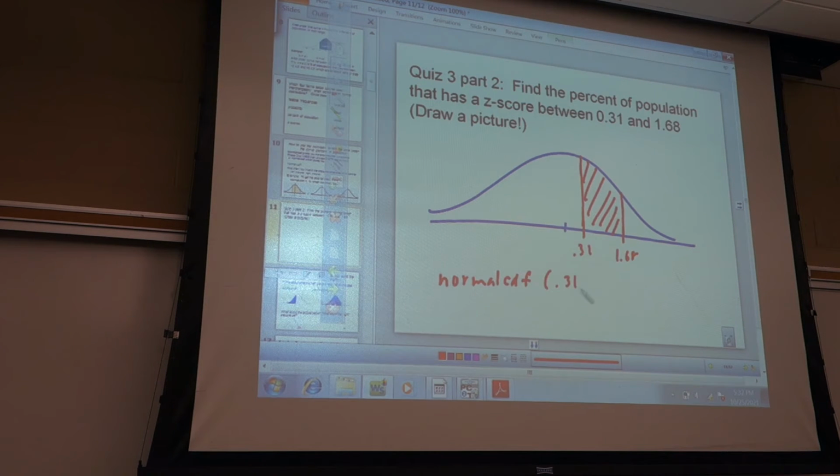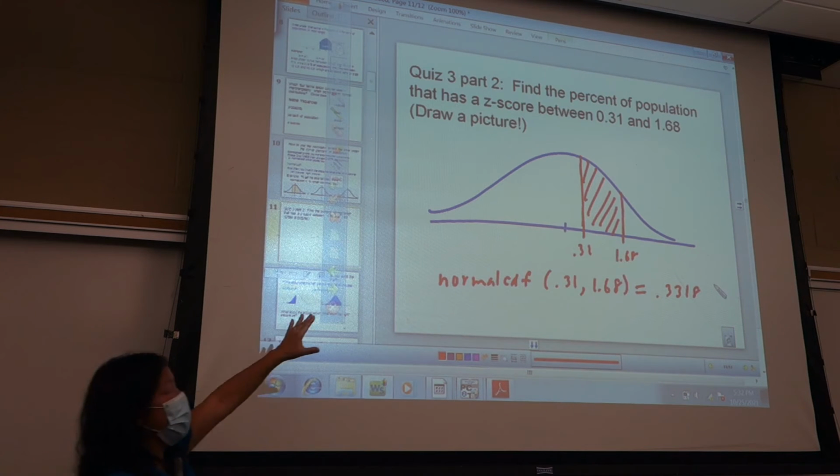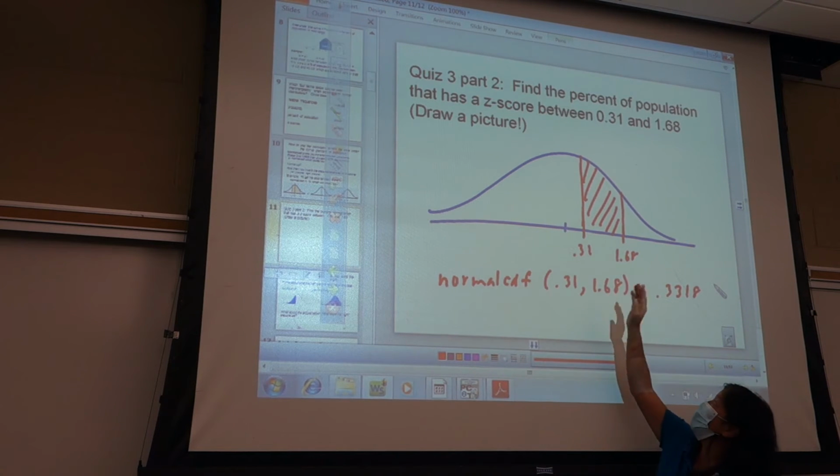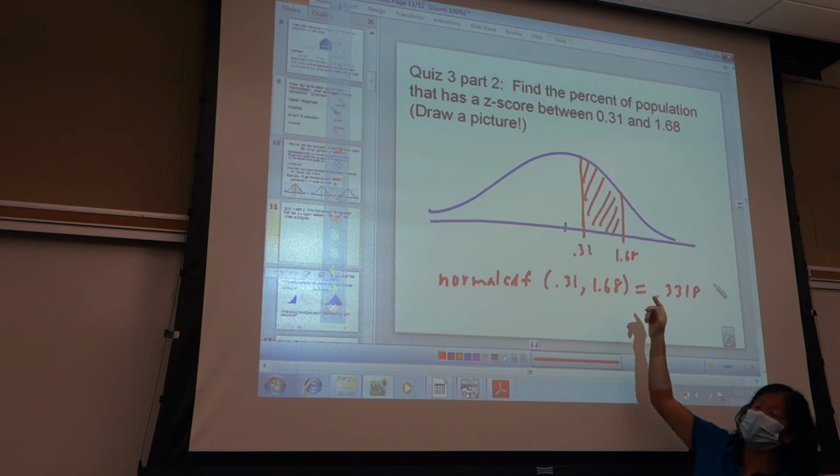0.31, comma, 1.68, and you got 0.3318? Okay, good. So this is exactly what you need to do. This is the bare minimum you need to have to get full credit. I need a picture. I need the notch in the middle. I need your 2 z-scores shaded between them.